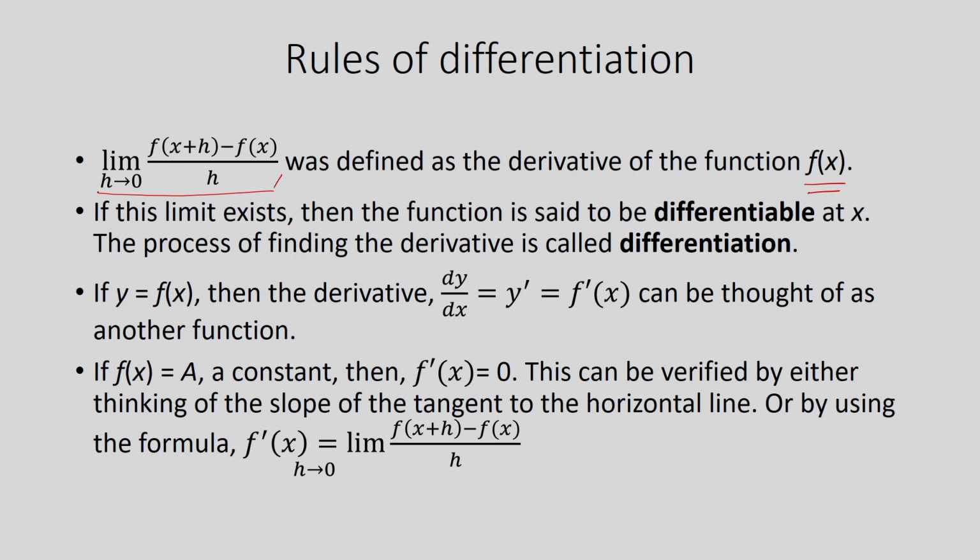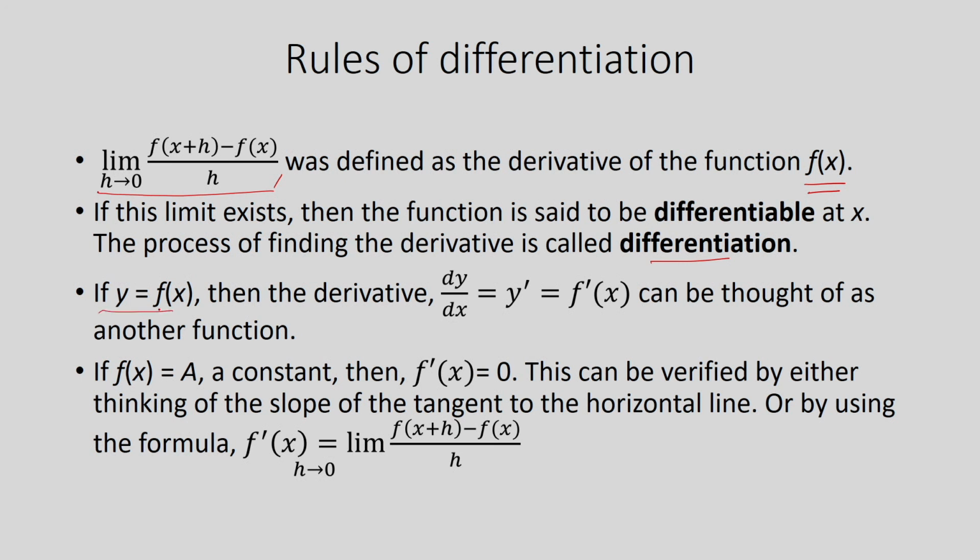The process of finding the derivative is called differentiation. So, there are two terms that we have defined here. One is that a function can be differentiable, it may not be differentiable at a particular point, and the process of finding the derivative is called differentiation.